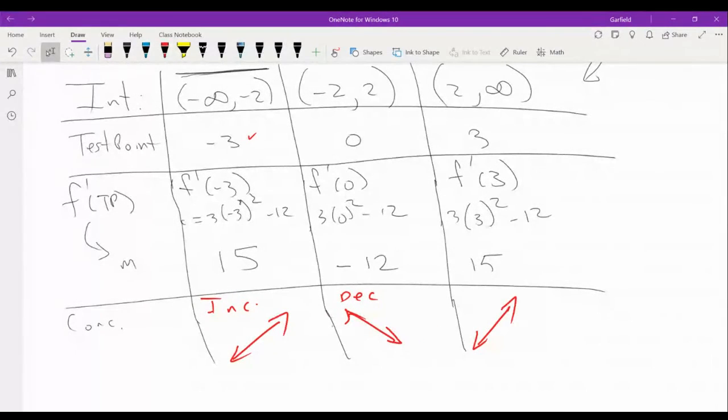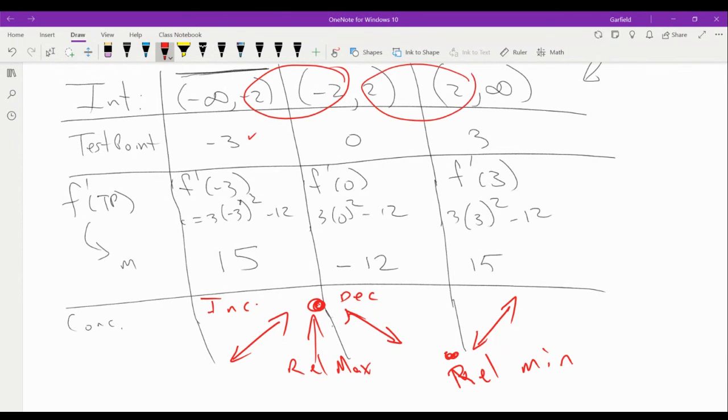So that tells us that at negative 2 right here, this is a relative max. And down here, this is a relative min. So we have a relative max at negative 2 and a relative min at 2.